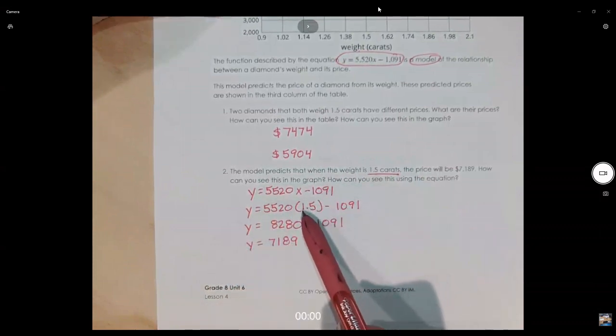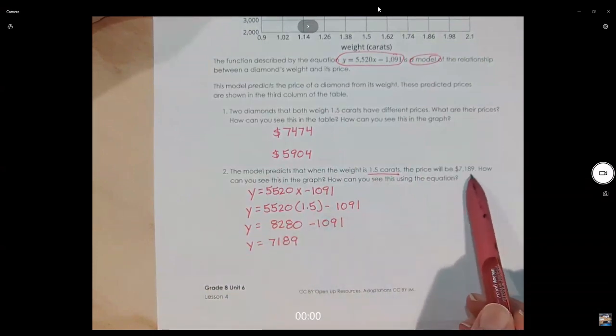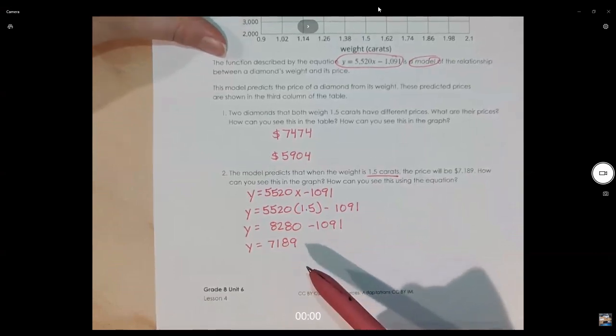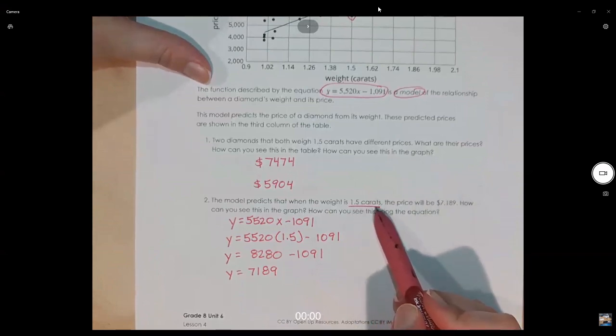Here is when I substitute in 1.5, I multiply those two numbers here, and then I subtract this last number, and I do get what they predicted the price would be, because what I've done is I've used that model to help me predict what would happen if I had a diamond of 1.5 carats.